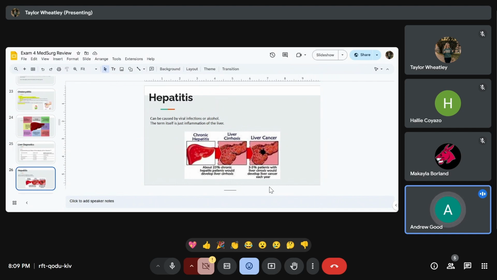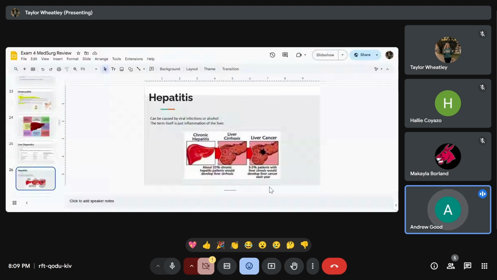Hepatitis, the term itself, is inflammation of the liver. We really connect it to the viral infections like Hep A, Hep B, Hep C, Hep D. That's what we really link it to. But people who are alcoholics and progressing into cirrhosis will get chronic hepatitis, because hepatitis leads into cirrhosis, which then leads into something like liver cancer, as that diagram shows down there.